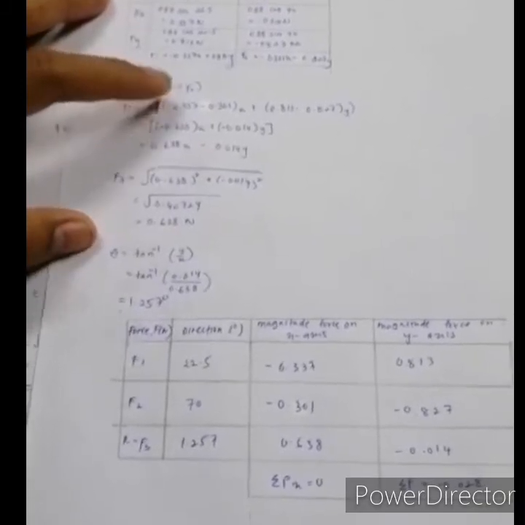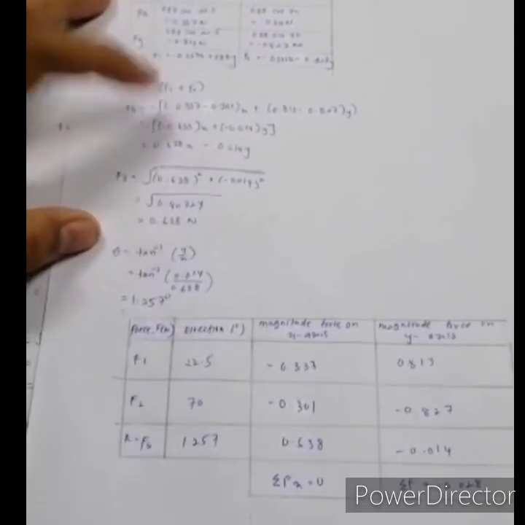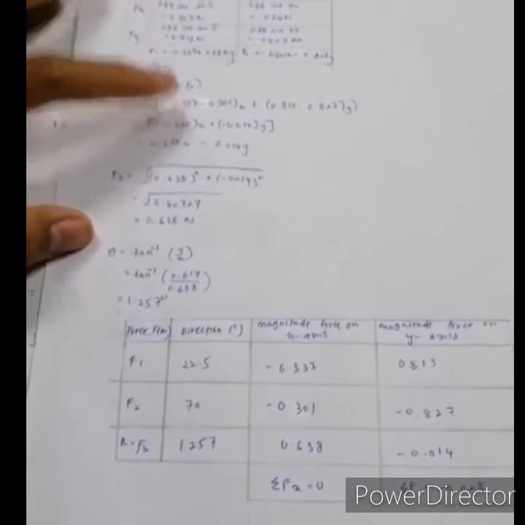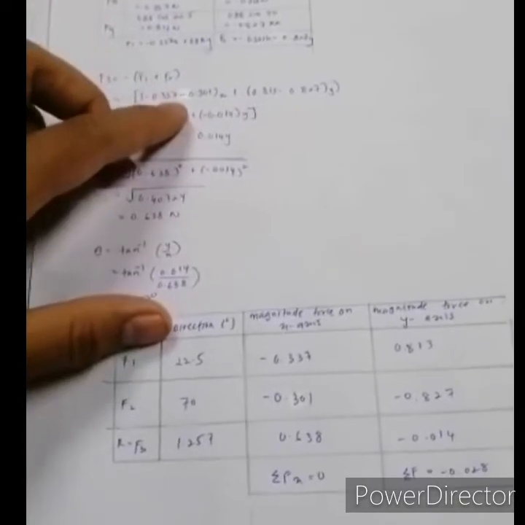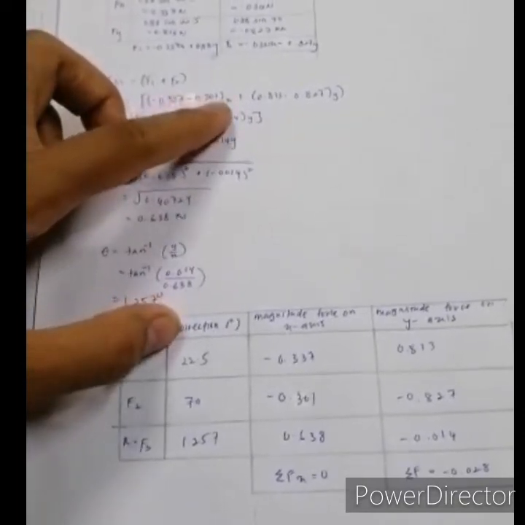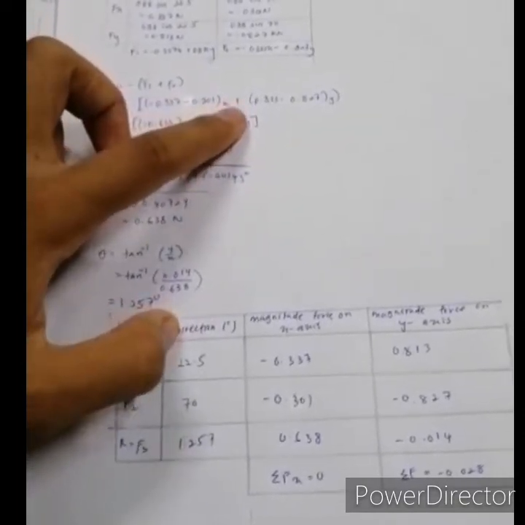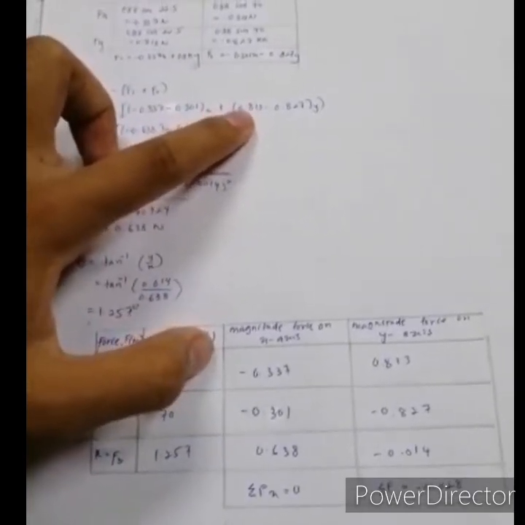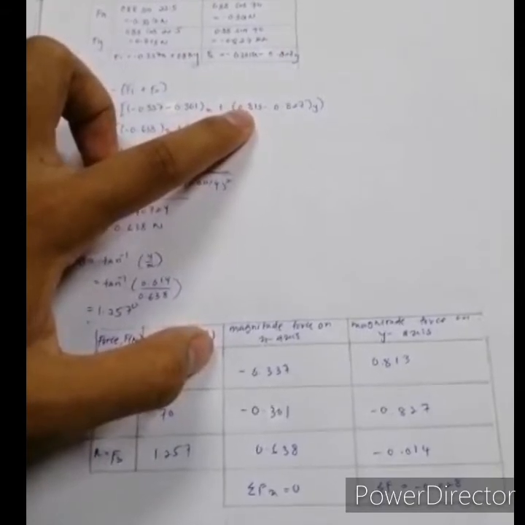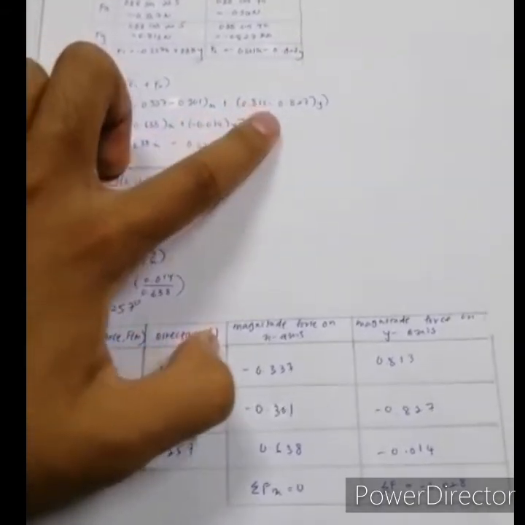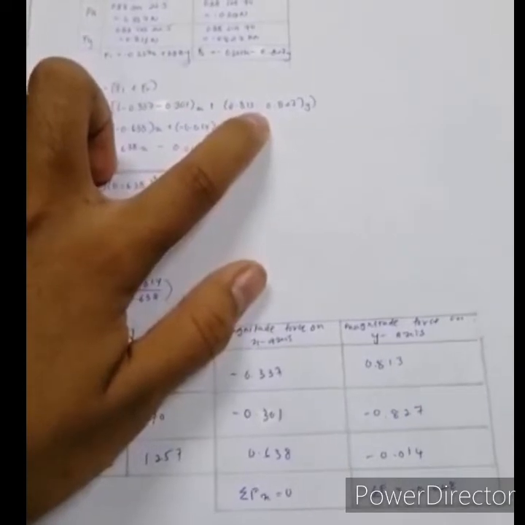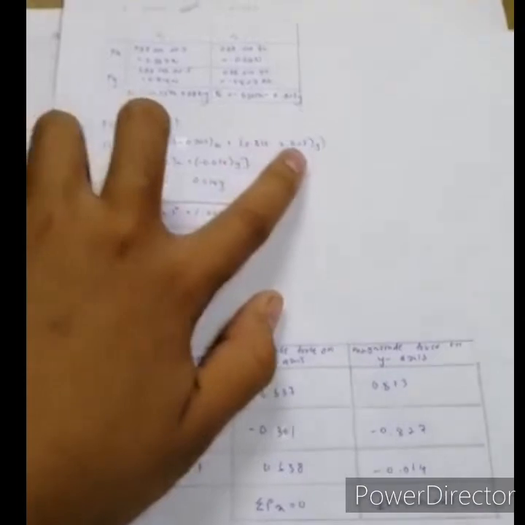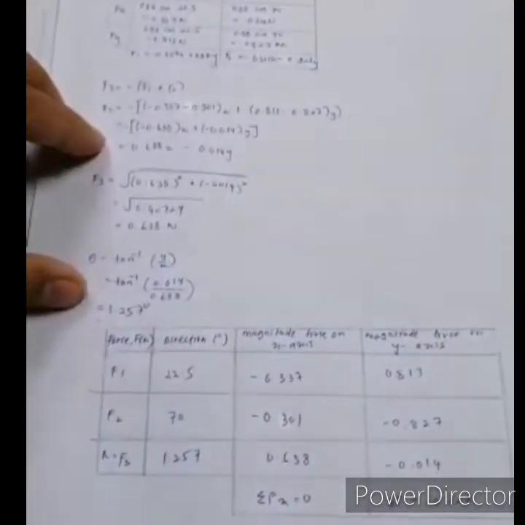F3 is negative 0.337 minus 0.301 bracket x plus bracket 0.813 minus 0.827 bracket y.